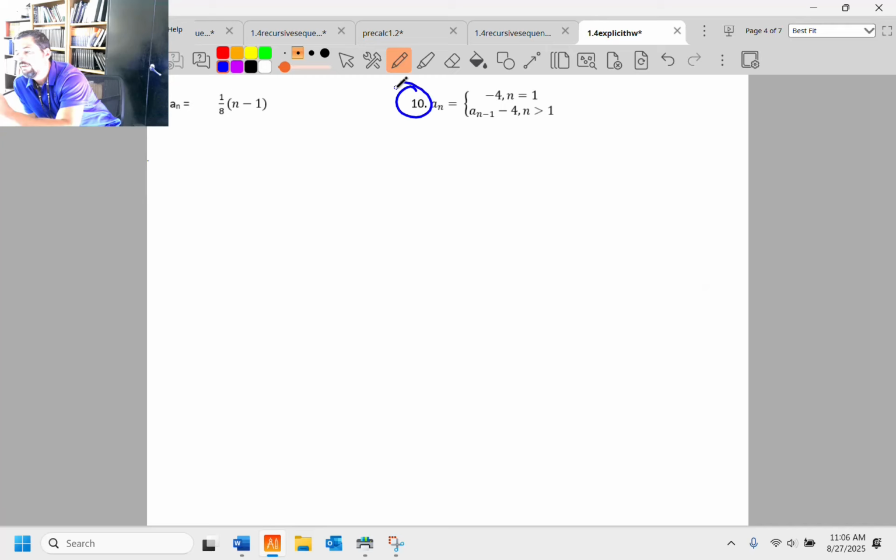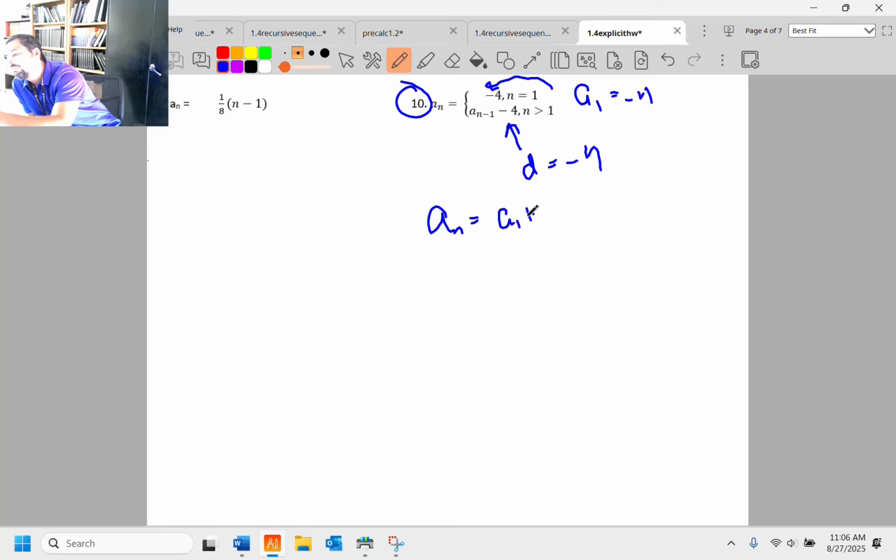Now let's go the other way around. Your goal here is to go from recursive to explicit. So this tells me right here that the first term is negative 4, and this tells me that the difference is negative 4. And all you have to do is know a form. The explicit form for an arithmetic sequence is a sub 1 plus n minus 1 times d. And some people put the d in front. It doesn't really matter.